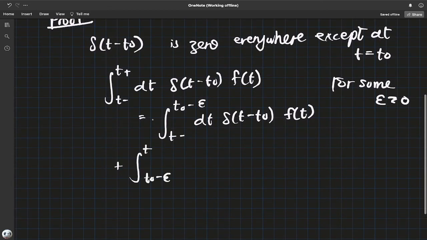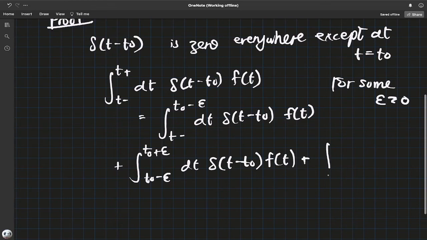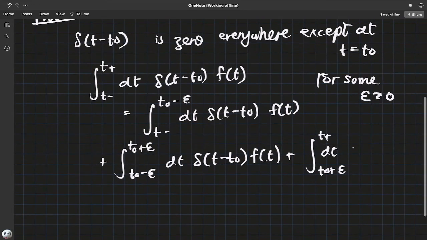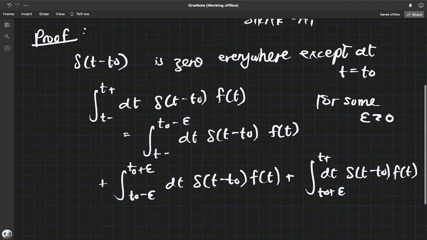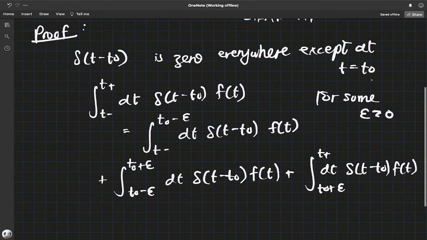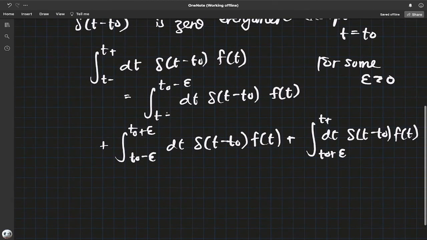We want to cover this entire range, to maintain this equality. Since the Dirac delta is 0 at all points except t equal to t naught, this will go to 0, so will this go to 0.